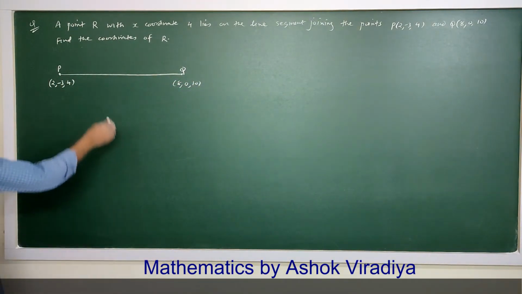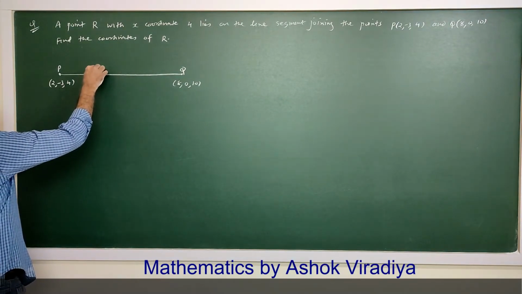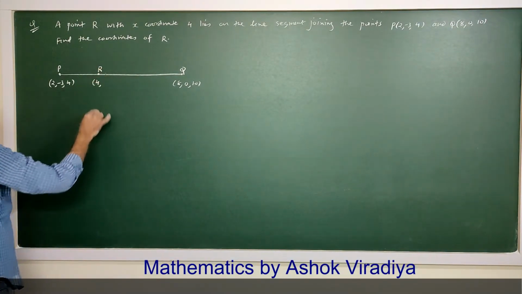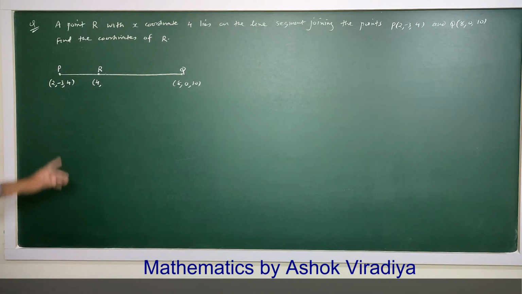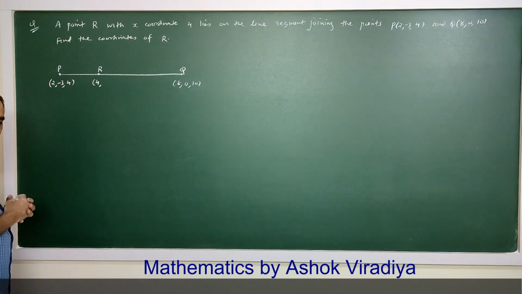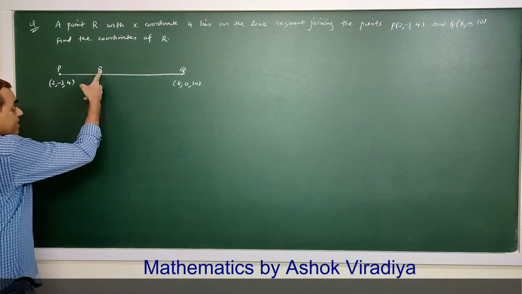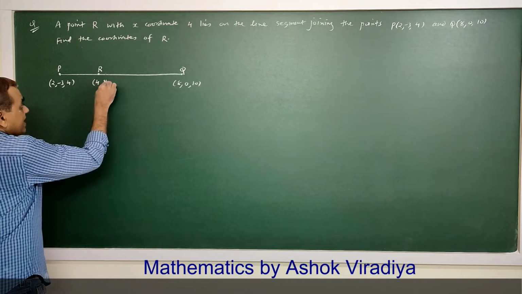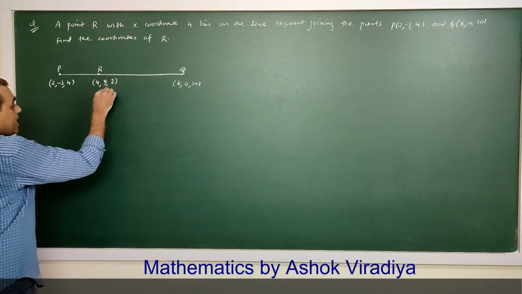R is a point whose x coordinate is 4. It lies on this line segment. We want coordinates of R. Suppose that its y coordinate is y and z coordinate is z.